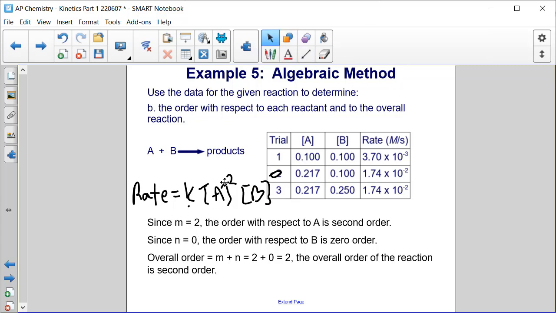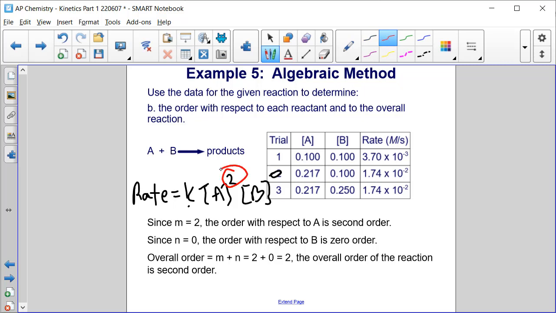So since M is 2, the order with respect to A is second order. So this 2 means we're talking about a second order reaction. Since N is 0, the order with respect to B is 0 order. The overall order is just the sum of those two things.